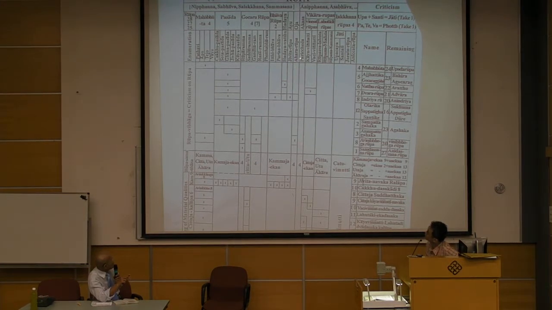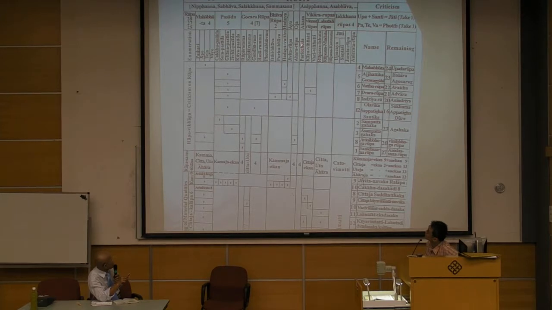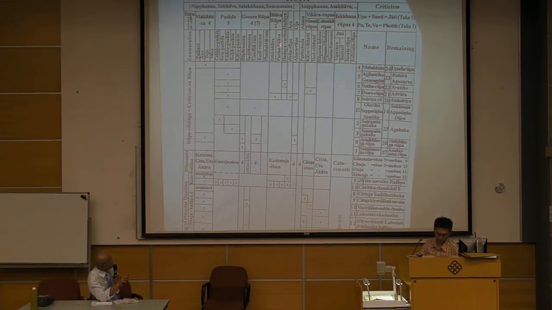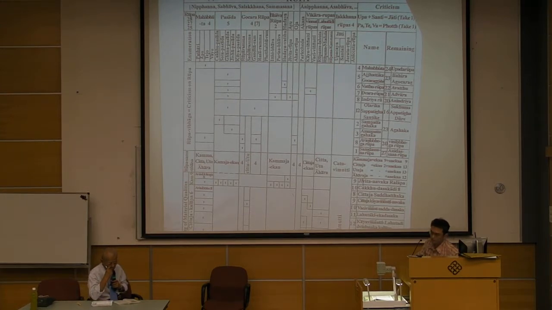So we also regard this Pariccheda Rupa, or that space element, Akasa Dhatu, to be produced by the four causes as well. So now we say there are 9 materialities produced by the four causes. This we give on page 241, number 4.